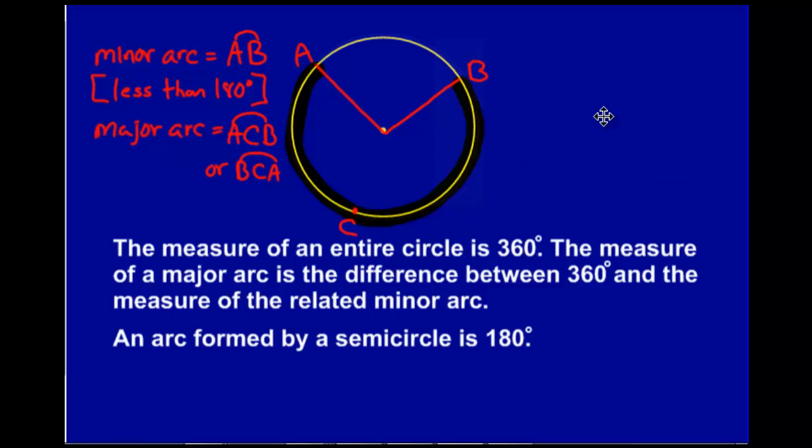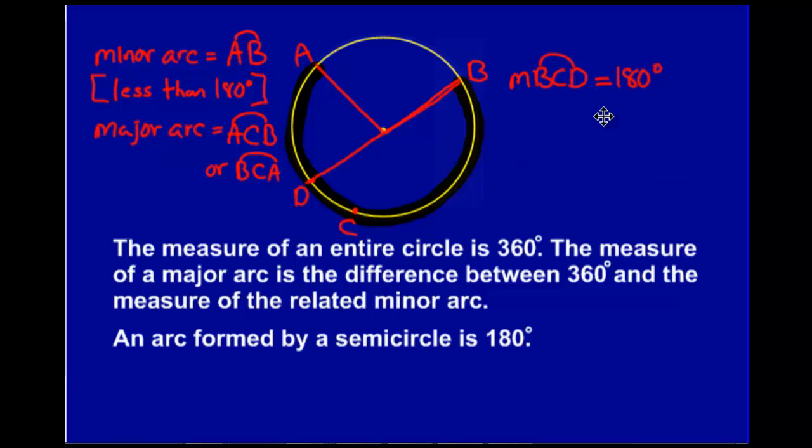All right. And then the last part: an arc formed by a semicircle is 180 degrees. So if we were to extend this line here, and that's a diameter, and let's call that point D, we could say the measure of arc BCD equals 180 degrees.